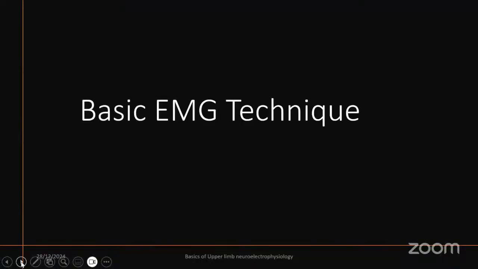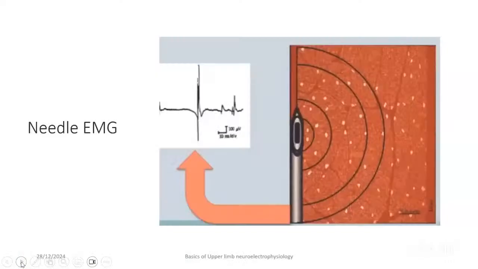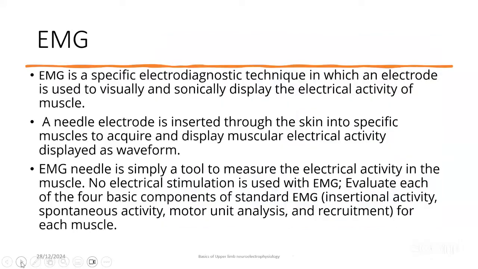Then we'll go on to the basic EMG techniques and what we do in needle EMG. EMG is a specific electrodiagnostic technique in which an electrode is used to visually and sonically display the electrical activity of the muscle. A needle electrode is inserted through the skin into the specific muscles to acquire and display muscular electrical activity as a waveform.